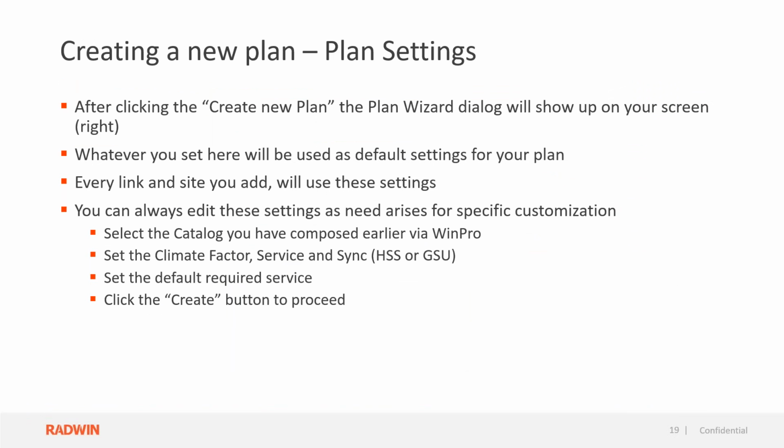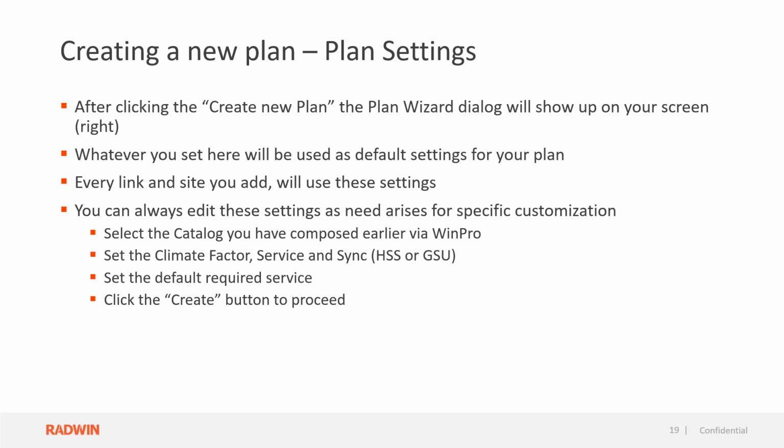After clicking create new plan, the plan wizard dialog will show up. Whatever you set here will be used as the default setting for your plan. Every link and site you add will use this setting. You can always edit this setting as need arises for a specific customization. So select the catalog you have composed earlier via WinPro.